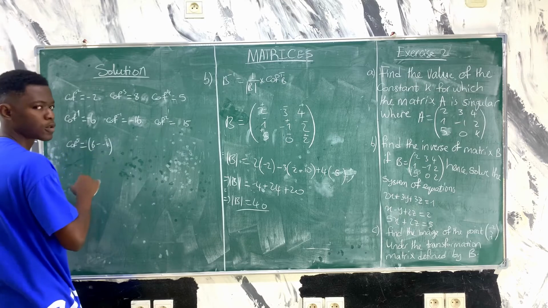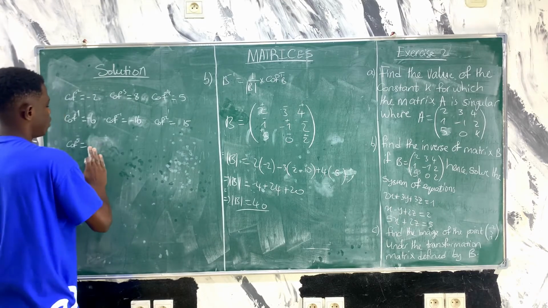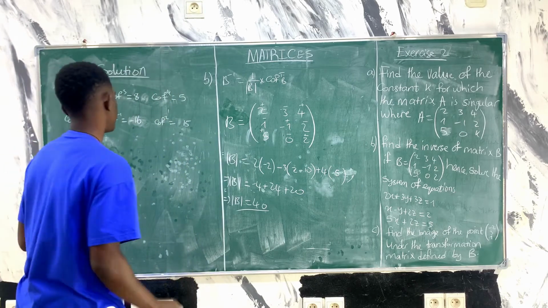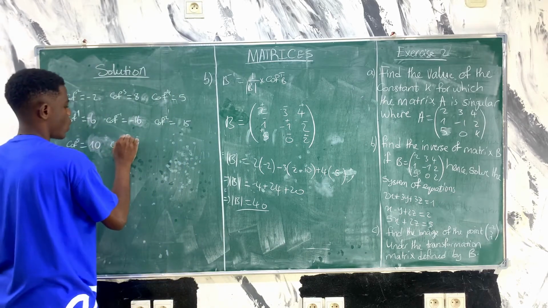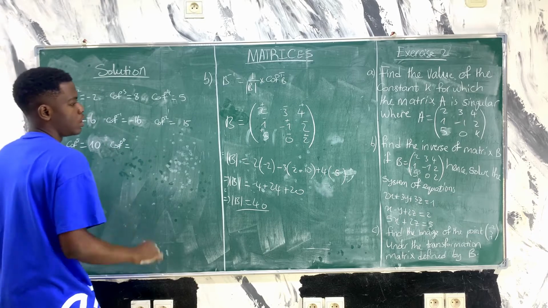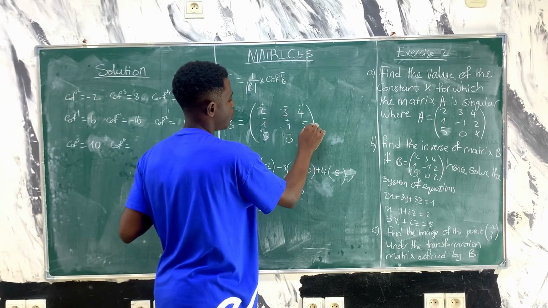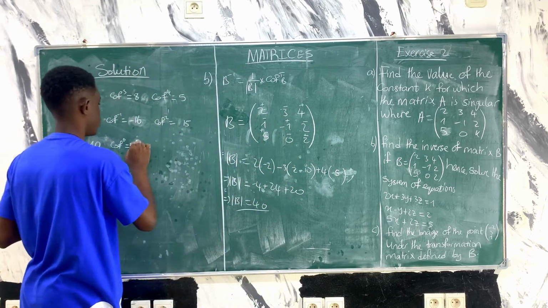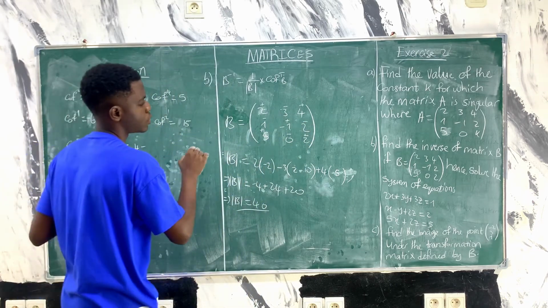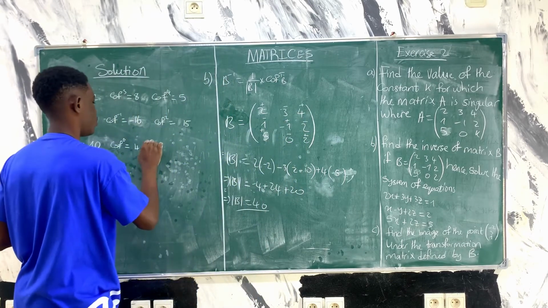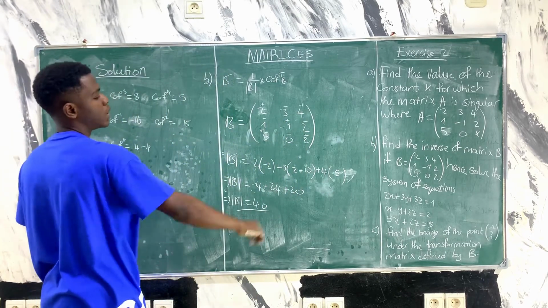So 6 plus 4, which is 10. What is the sign? Positive. So I keep my 10. Minus 1 times 4, 4. 4 minus 4 is 0. No matter.